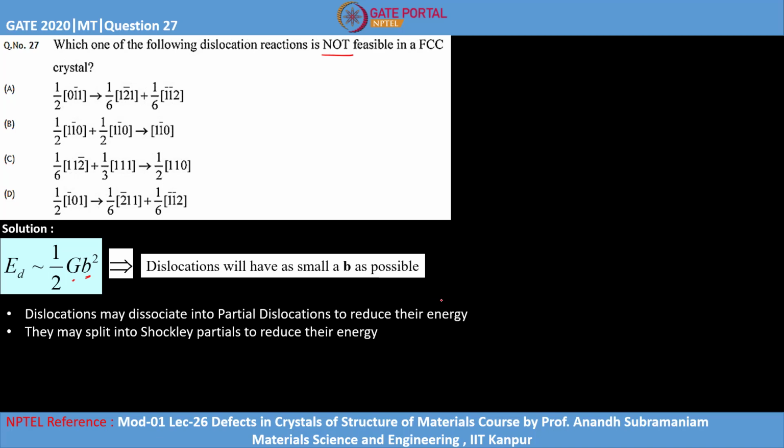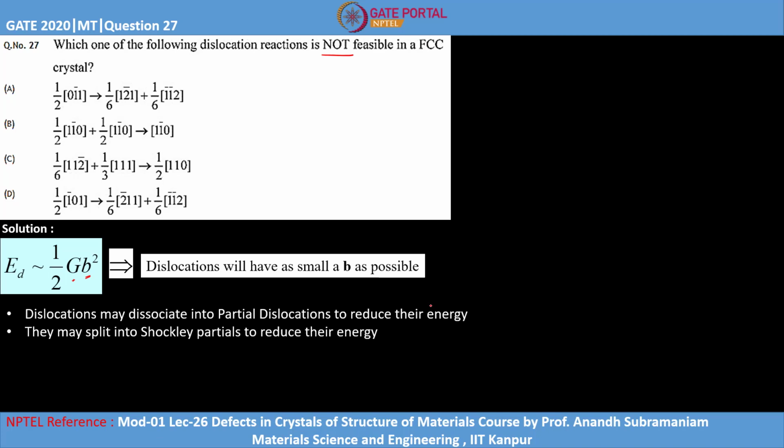And sometimes dislocations may dissociate into partial dislocations to reduce their energy. One dislocation will be split into two, but the final destination, if it is moving, will be the same. The vectorial sum of the two split partial dislocations will be the same.